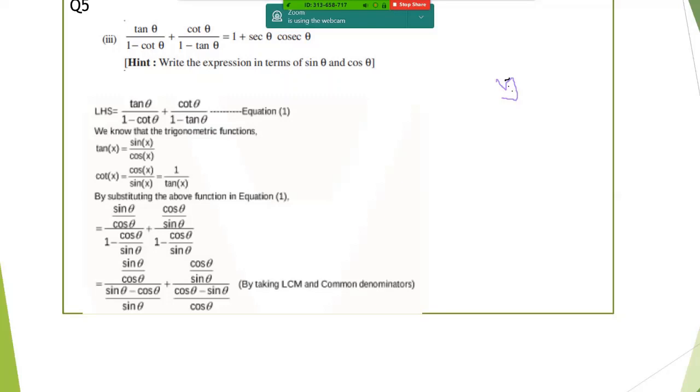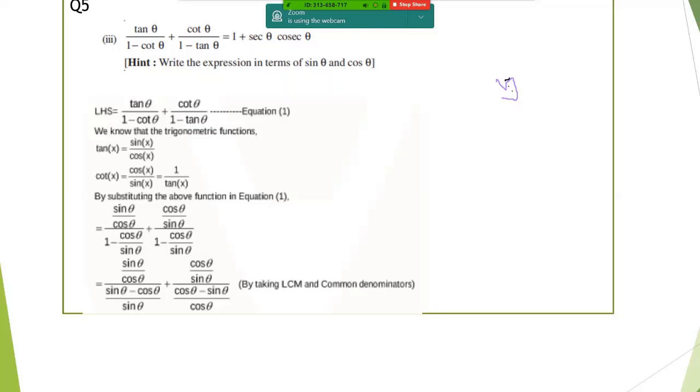Ma'am, after you change it into cos and sine, the first step, what do you do next? See, what was the denominator? 1 minus cot theta, right? So cot theta, we are converting into cos theta upon sine theta.